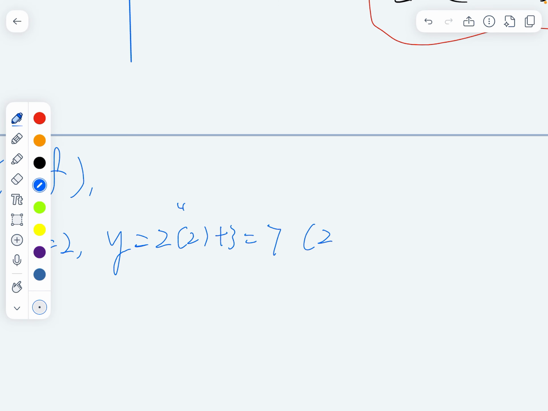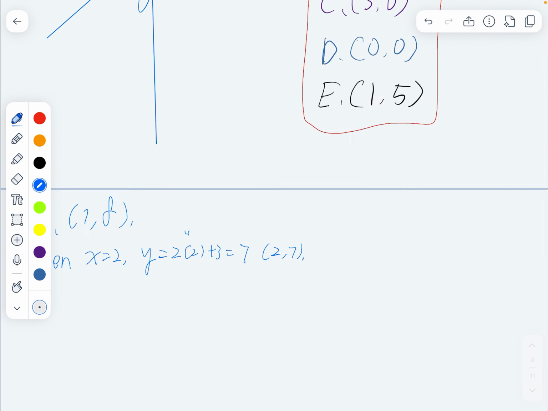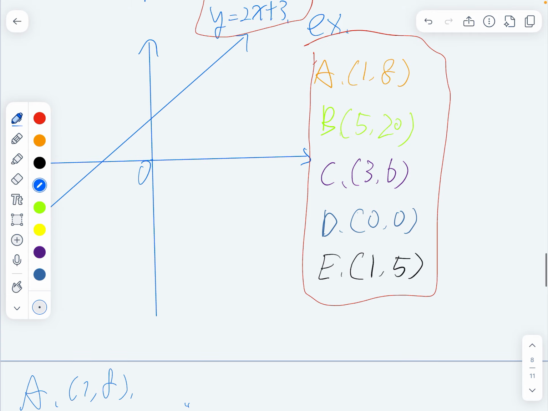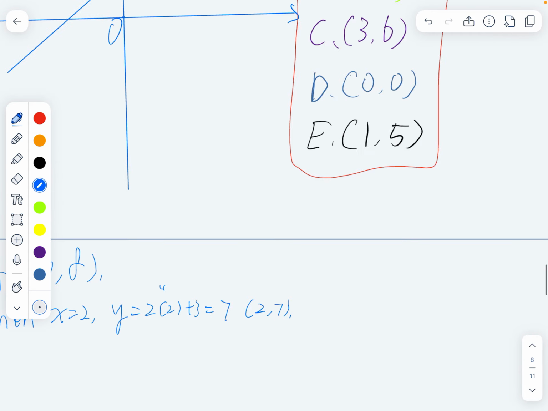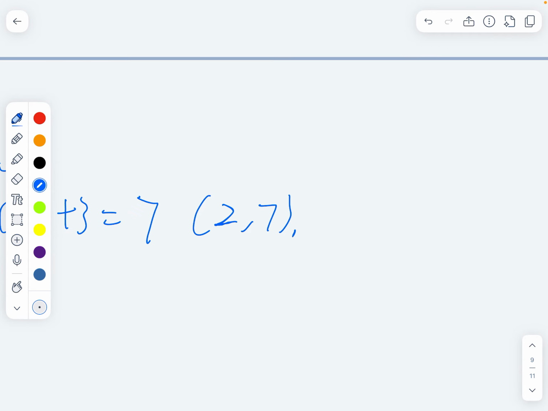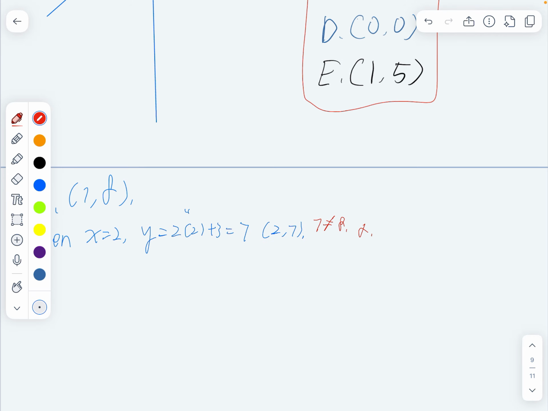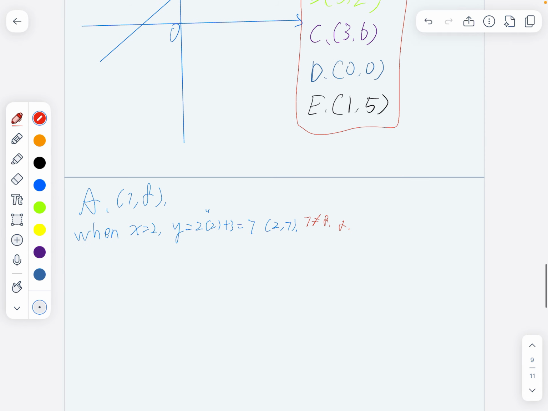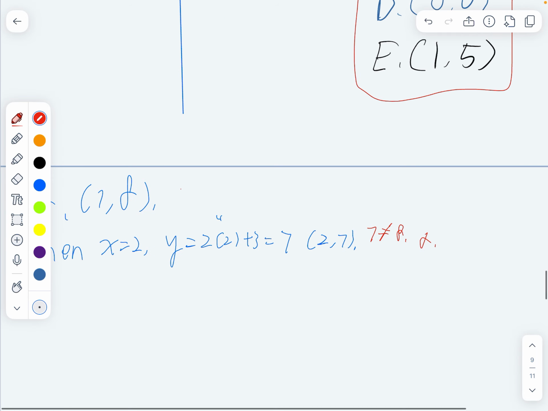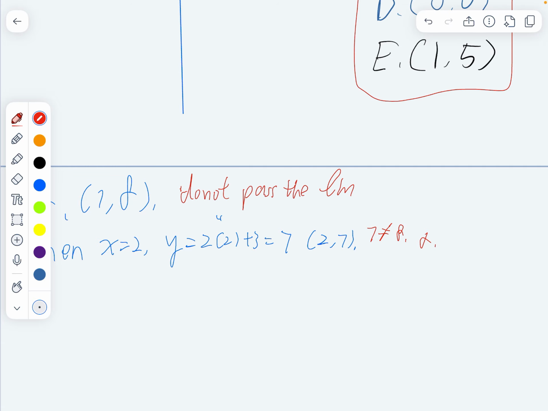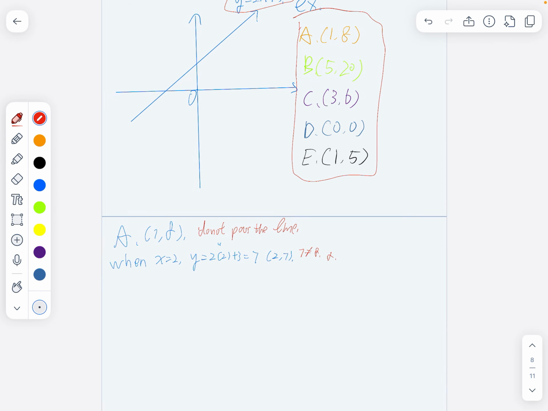So the point is 2, 7. We can find that 7 does not equal 8, so the point is not on the line. So A does not pass the line.